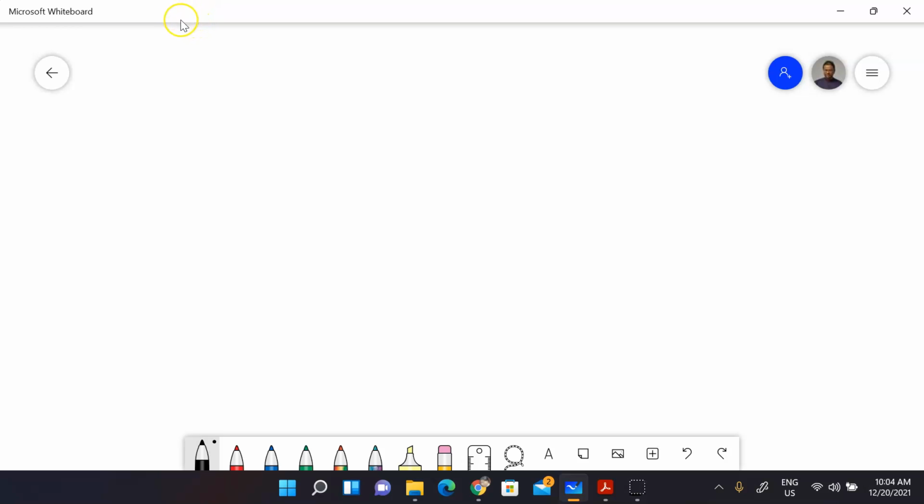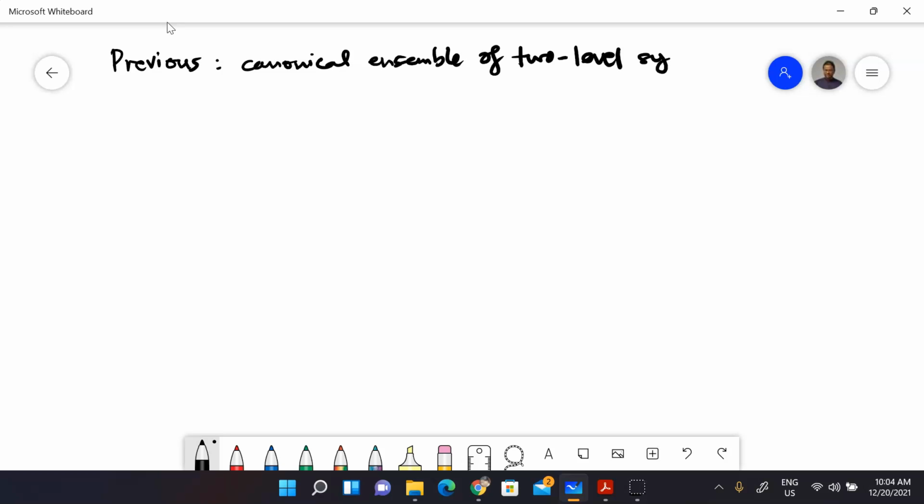The last thing that we did in the previous lecture was the canonical ensemble of a spin-half two-level system, and that plus case. Okay.